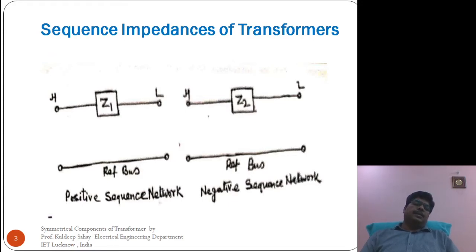Here you can see that the positive sequence impedance has been represented by Z1, and the negative sequence impedance by Z2, but actually these Z1 and Z2 will be equal to ZL, the leakage impedance of the transformer.